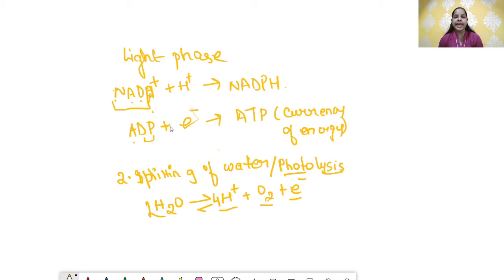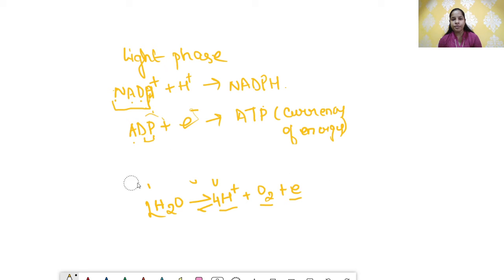So this ADP accepts the electron and then forms ATP. This ATP is required for providing the energy in the formation of glucose. And the last byproduct, which was oxygen, is released out as molecular oxygen into the atmosphere.